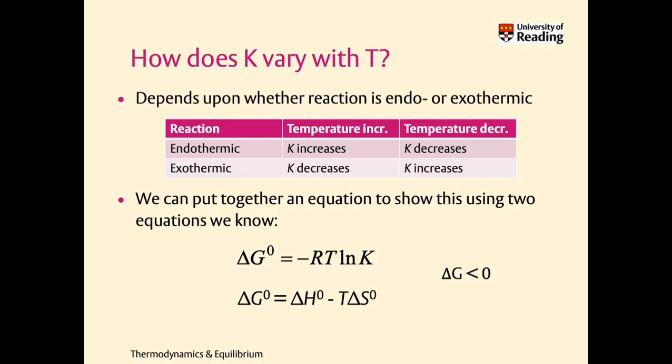The change in Gibbs free energy is equal to minus RT natural log K, and the change in Gibbs free energy is equal to the change in enthalpy minus temperature times the change in entropy. If you combine these two equations, you will get the Van 't Hoff equation that links equilibrium constant to temperature.